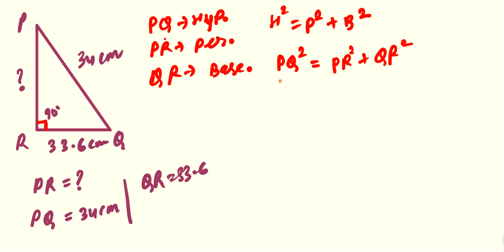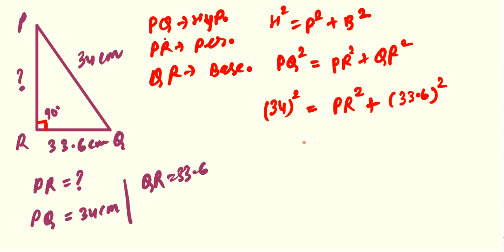Now in this you have value of PQ, which is 34, so you will write 34 whole square equals to PR, PR we have to find, so we will write as it is PR square. Then QR square, value of QR is 33.6, so 33.6 whole square. Clear? Then now you have 34 square, so 34 square you have to calculate here.